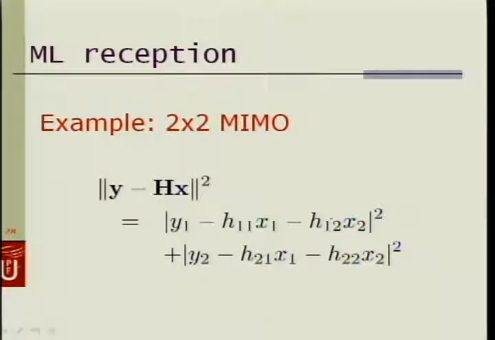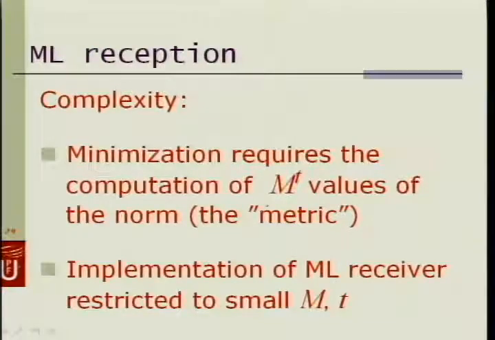So we have a function of two variables, x1 and x2, that we have to minimize. In general, the minimization requires the calculation of m to the t values of the norm, where m is the size of the elementary constellation and t is the number of transmit antennas. So the implementation of the maximum likelihood receiver, as I mentioned before, is restricted to small values of m and t.